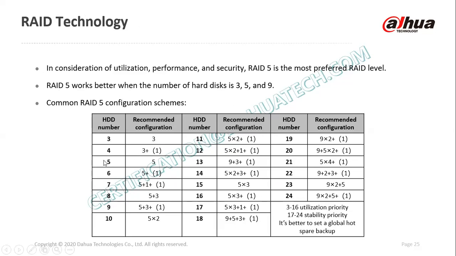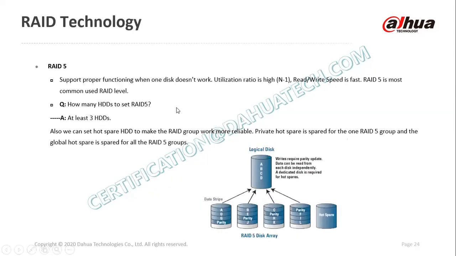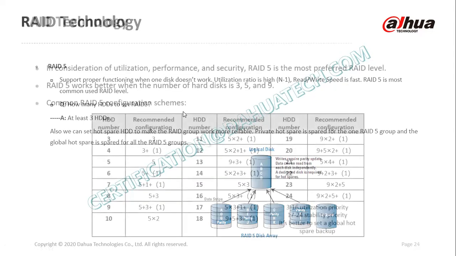If you have 4 hard disks, you'd combine 3, then do 1 as the hot swap. This is like a backup.